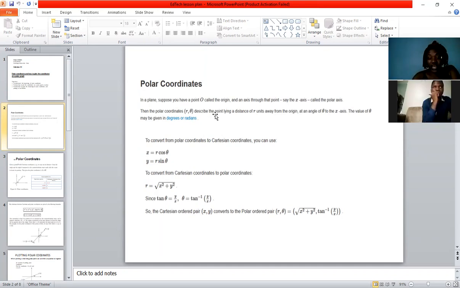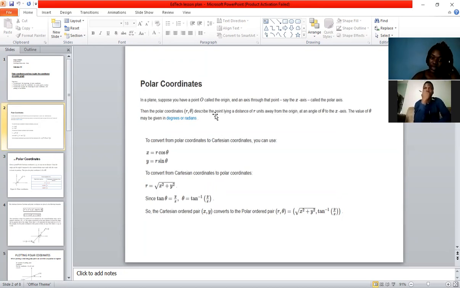But those are the Cartesian coordinates, because Cartesian coordinates is x, y, but polar coordinates is r and theta. So when you are converting again from Cartesian to polar coordinates, you get your r. Of course, you have x squared plus y squared, so r equals the square root of those two.